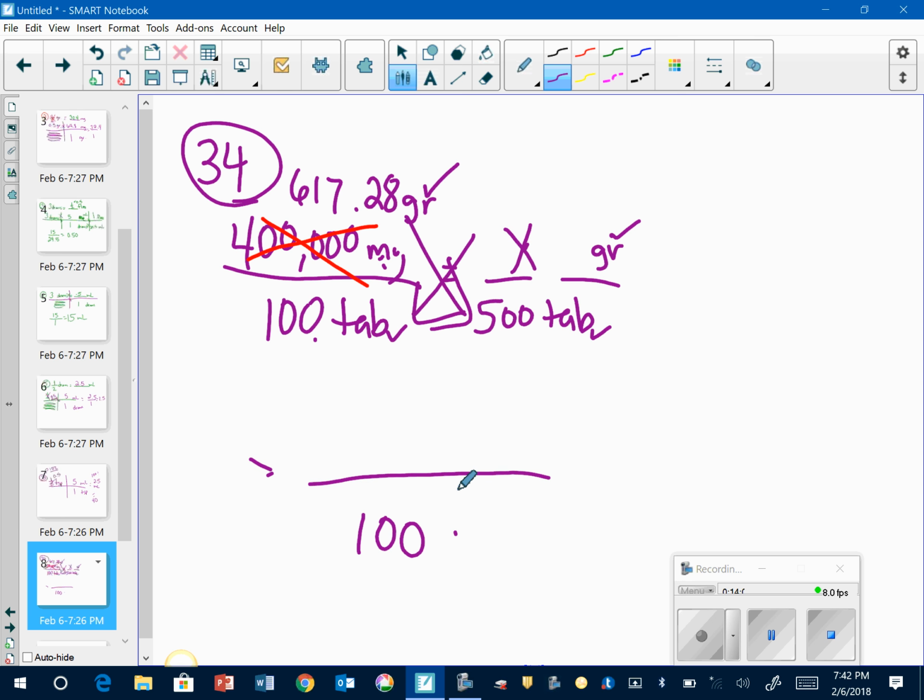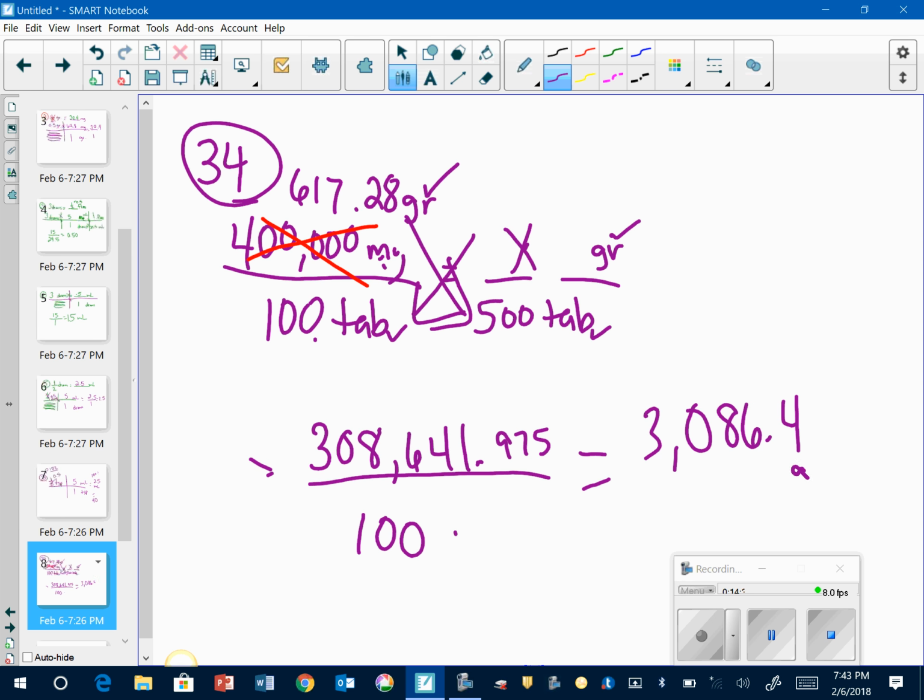Then you have 617.28 grains times 500, and that's 308,641.975. Okay, divide that by 100, and you come up with 3,086.4 grains.